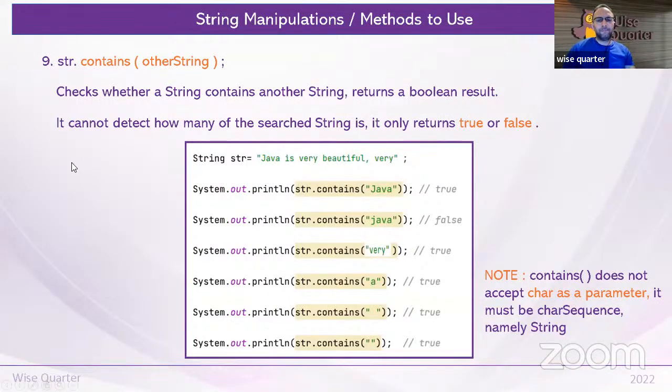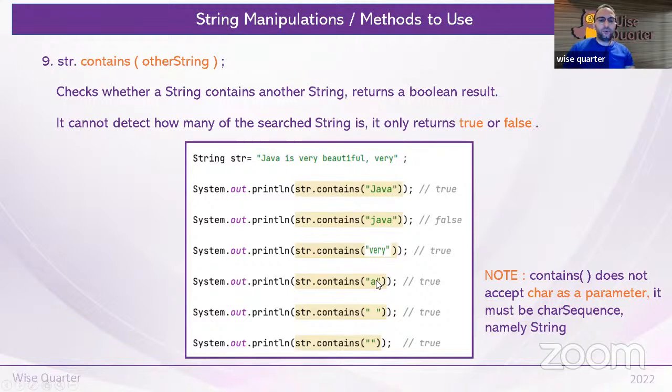The disadvantage of this method is it cannot detect how many of the search string are in the value. For example, when I check for A, it says true, but there are a lot of A in the text value. For the contains method, it does not matter.